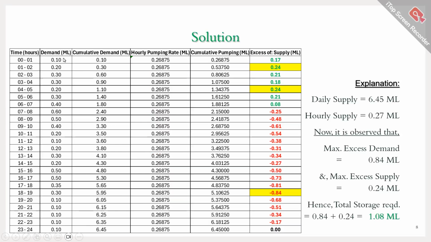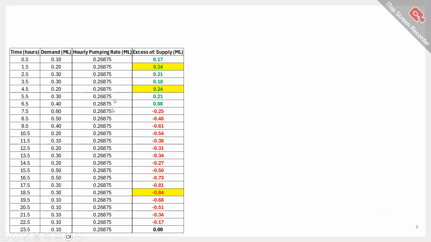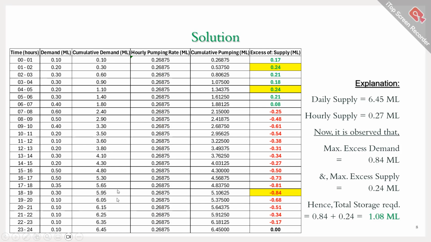The demand is the same as the previous, so it varies from 0.1 to 0.1.